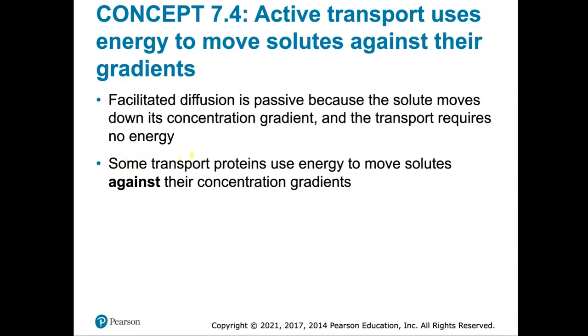But sometimes substances need to keep moving toward their high concentration, and that's going to require energy because they're moving against their concentration gradient. So we call it active transport anytime a substance is moving against its concentration gradient. Not from high to low, but from low to high, toward its high concentration.